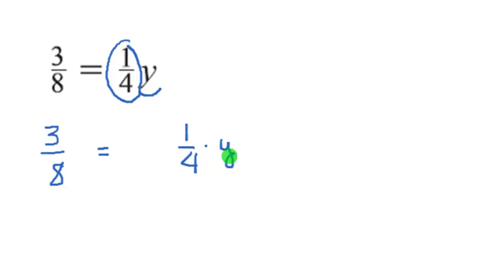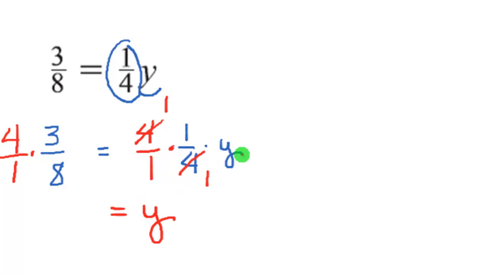So let me rewrite this here, give us some room. So we're going to use the reciprocal of 1/4, which is 4/1, and we're going to multiply both sides of the equation by that 4/1. Notice how on the right-hand side, these 4's cancel and give us a 1y, and that's what we wanted. We wanted y by itself on one side of the equal sign.